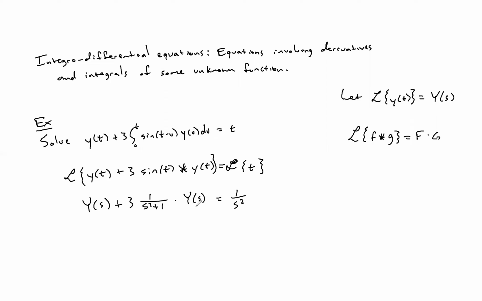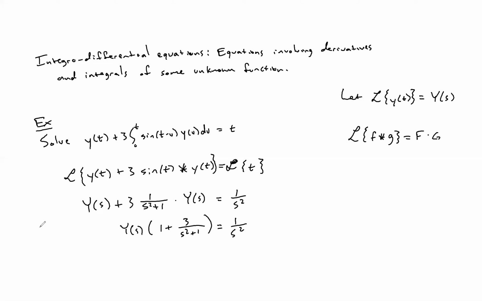And then just like we've done in our previous equations, we solve for capital Y of s. If I factor capital Y out, I'm left with 1 plus 3 over s squared plus 1. And something I might want to do here is let's go ahead and combine this into one single fraction.